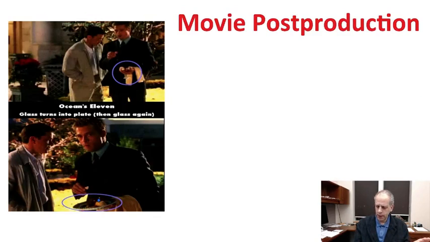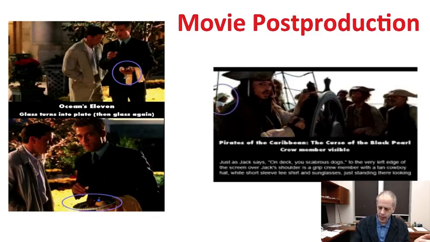Here is another example where we basically see the cameraman is in the picture. Of course, the director didn't want the cameraman in the picture, but it is. And actually, if you saw the movies when they just came out and you paid attention to them, you might have been able to see the cameraman or to see this mistake.